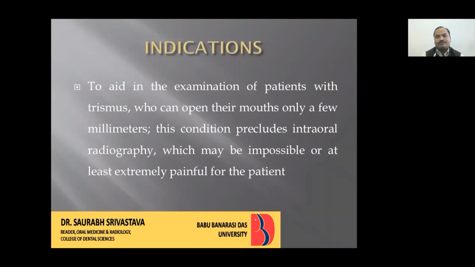If the mouth is opening only a few millimeters, intraoral radiography is not possible other than occlusal radiography. We take an occlusal film because this film is not rotated inside the mouth, but kept as it is in the horizontal direction only.